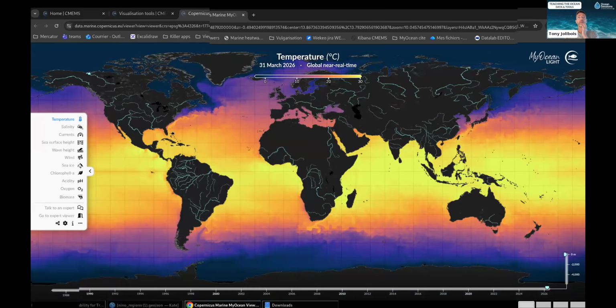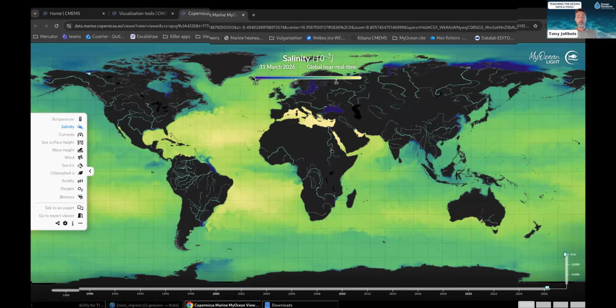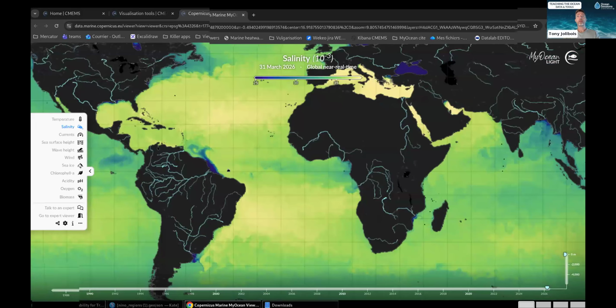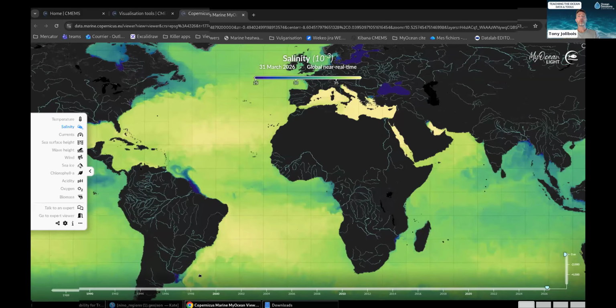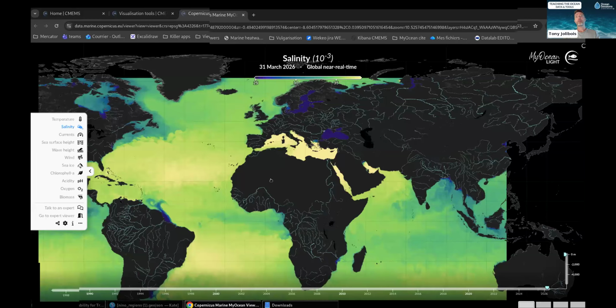So for temperature, of course, warmer near the equator and cooler near the poles. The salinity, you can see the inflows from rivers like the Amazon, Congo, and so on.